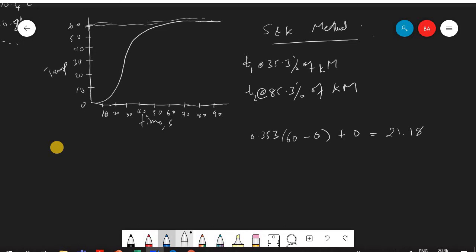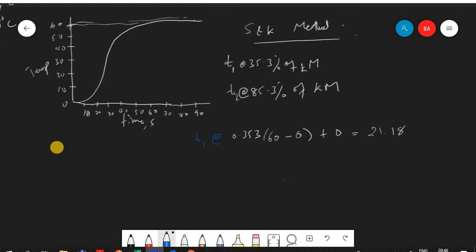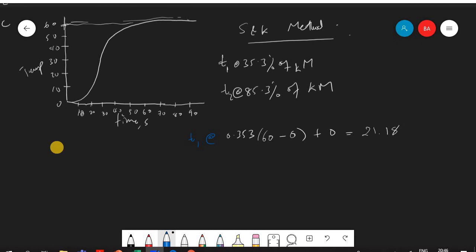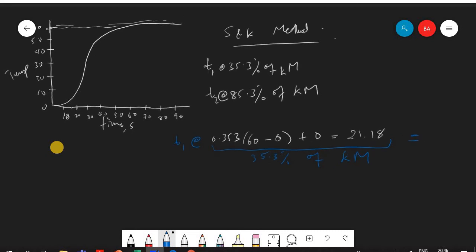This is the value of Km at T1. This is the whole Km, right? So this is 35.3% of Km. So what is the value of T1? The value of T1 will be like that. So you will go to 21.8.